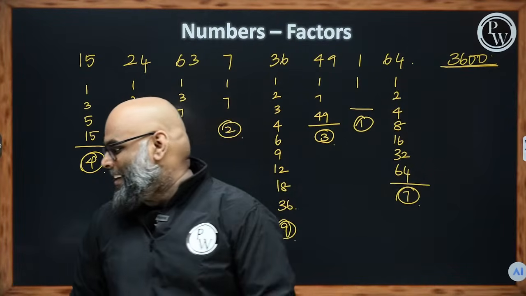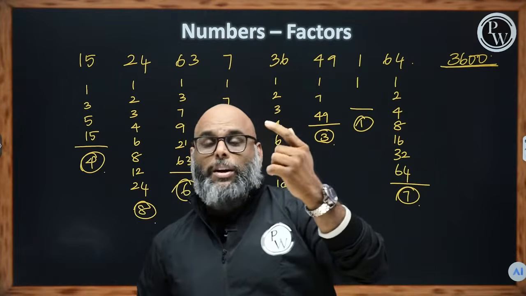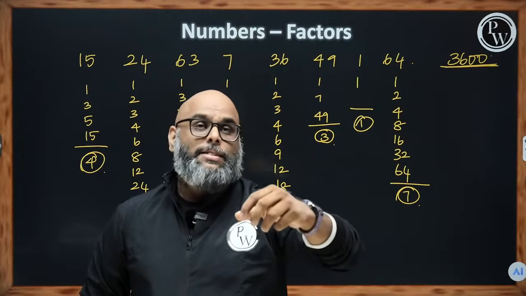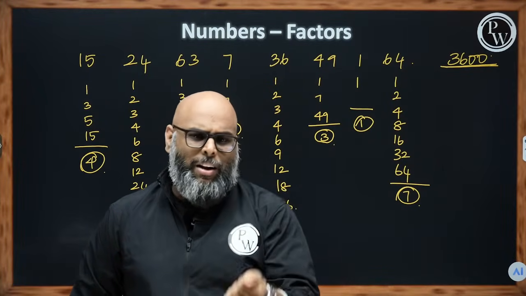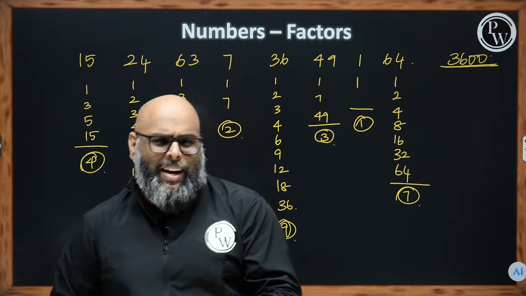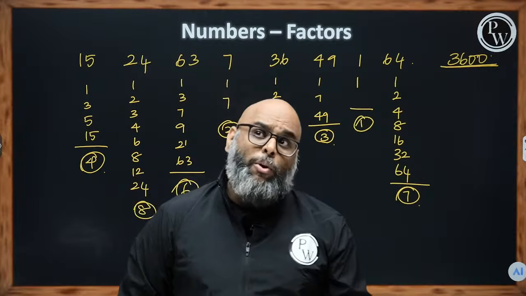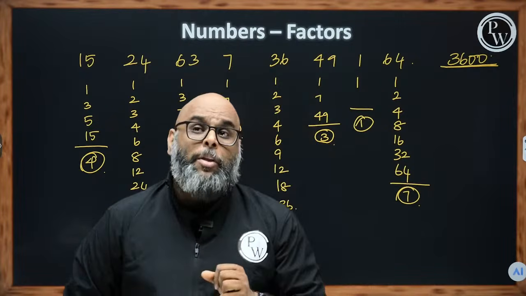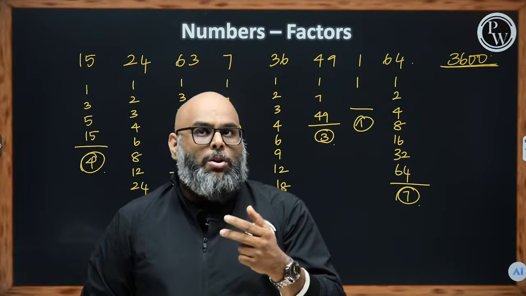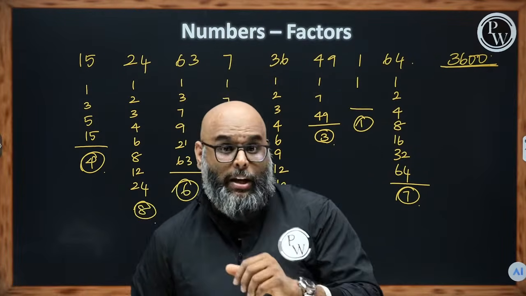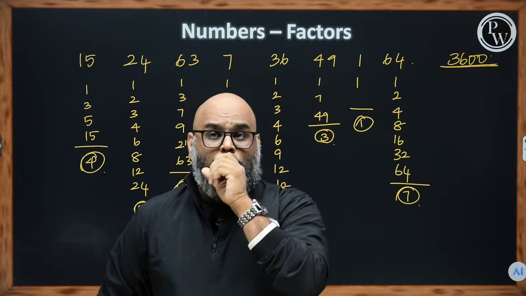By the time you write it, start writing 1, 2, 3, 4 works, 5, 6, 8 works, yes 8, 9, 10, 12, 15, 18, 20, 24, will 24 work? No, 24 will not come. 25, yes 25, 26, 27, no. 28, no. 29, no. 30, no. 32, no. 35, 36, 40, 45.